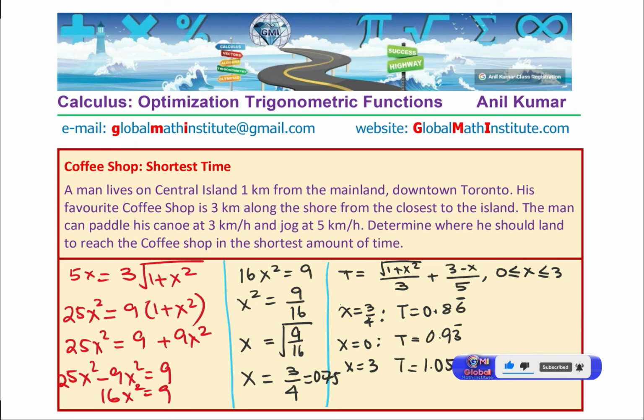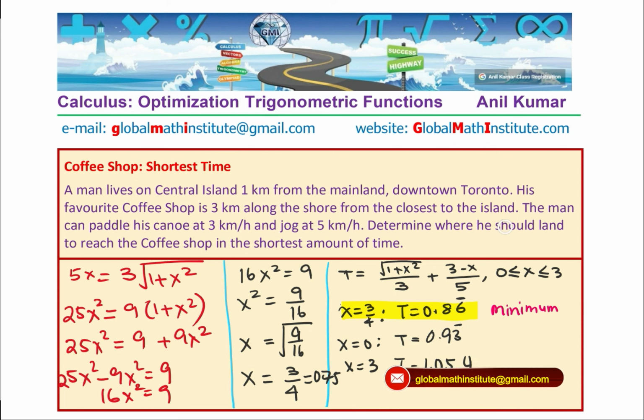Correct? So if you calculate these values, the minimum is when x is 3 by 4. Correct? The maximum is if you go directly to the coffee shop. So we have our answer. Determine where he should land to reach the coffee shop in the shortest amount of time.